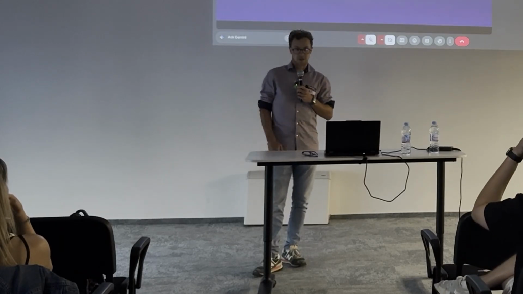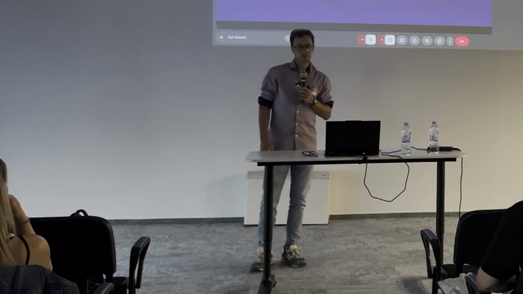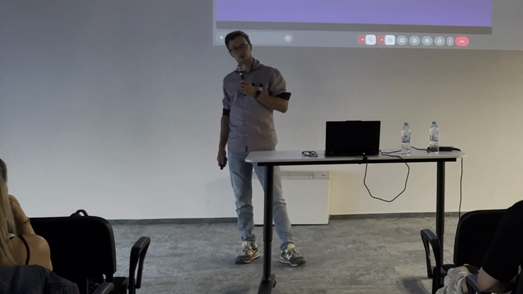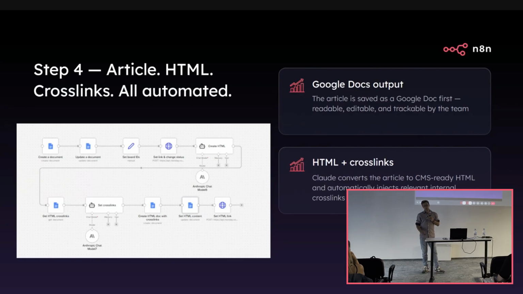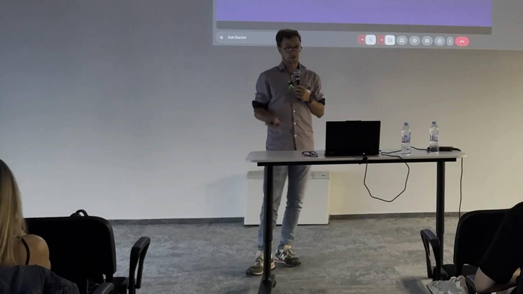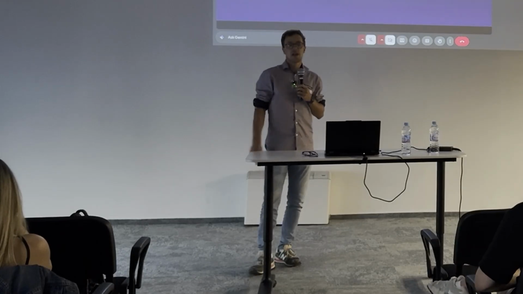So this is only the raw article. This doesn't help us yet. We need the HTML version, and also we want to paste crosslinks. So what we have done is we have created a file with various crosslinks, where we know, okay, this is a page where we definitely want to crosslink within our own website.